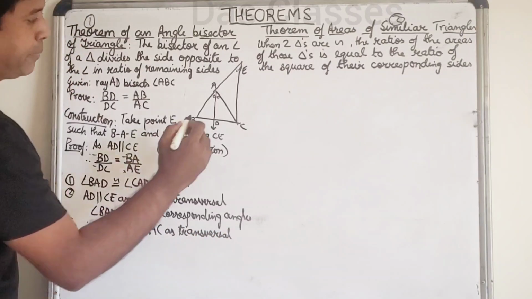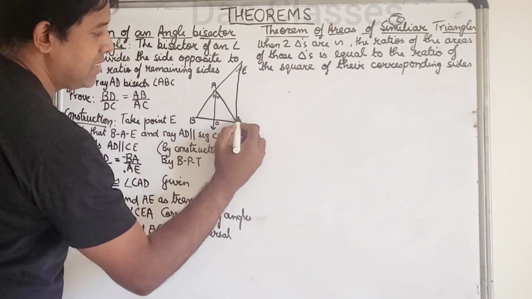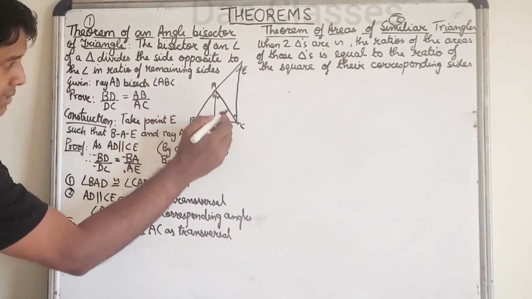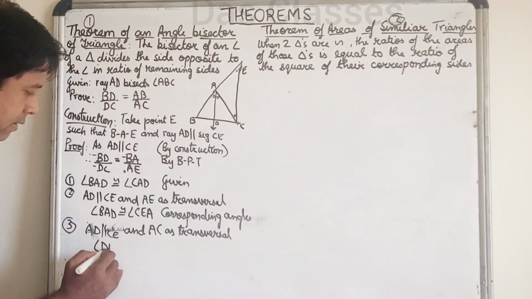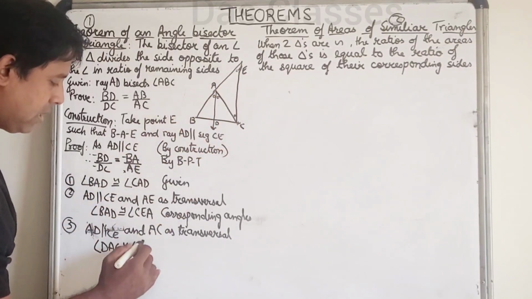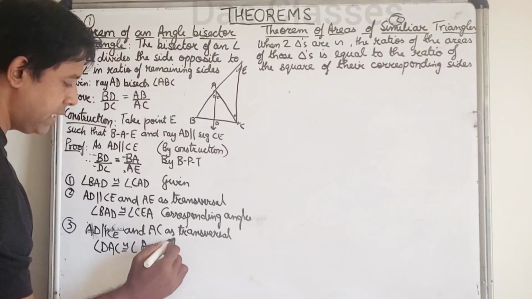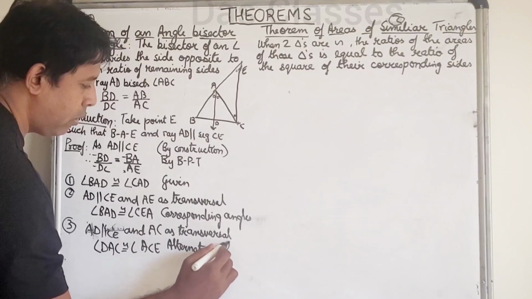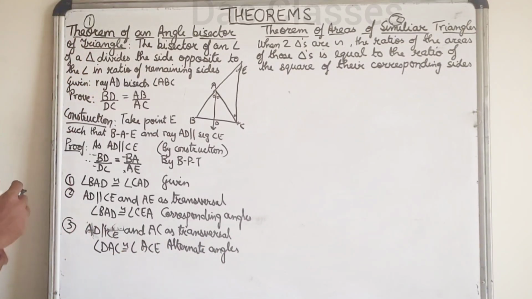This is a Z, so angle DAC should be congruent to angle ACE, that is alternate angles. I'll make a separate video on the types of angles in parallel lines.